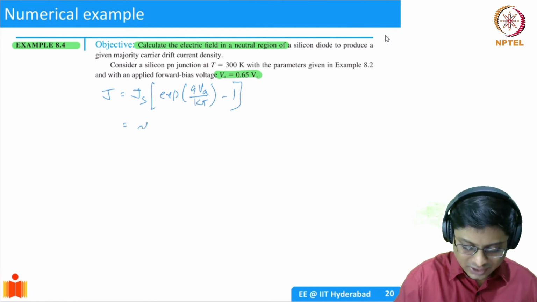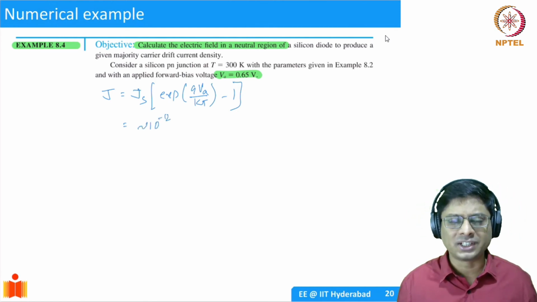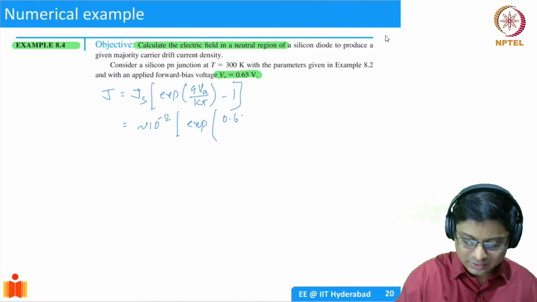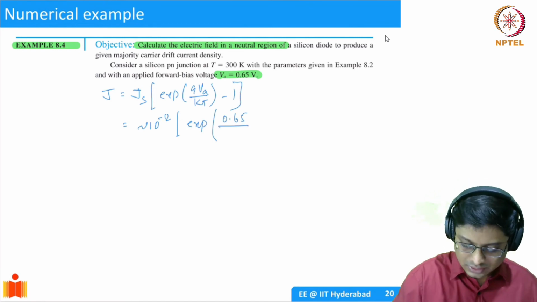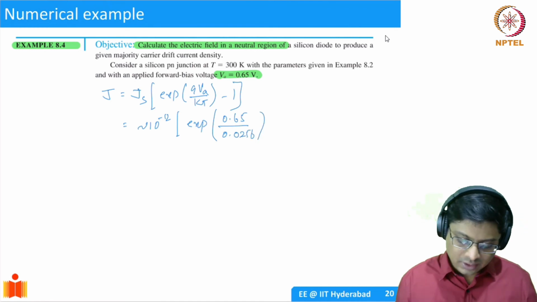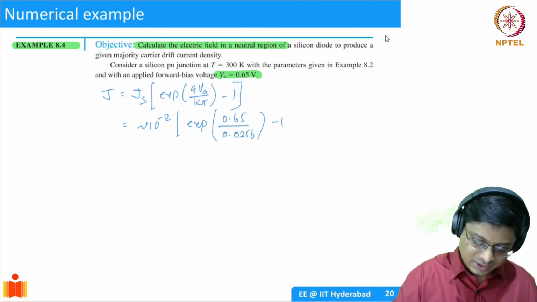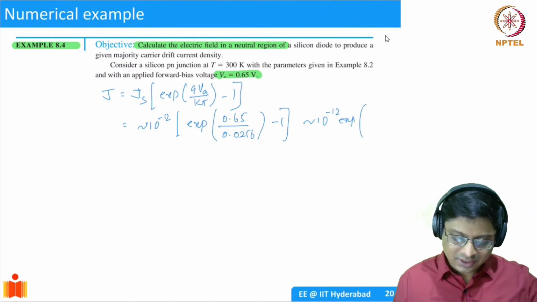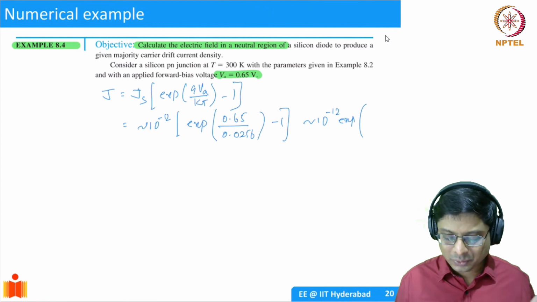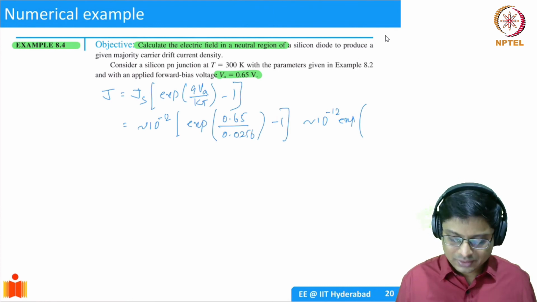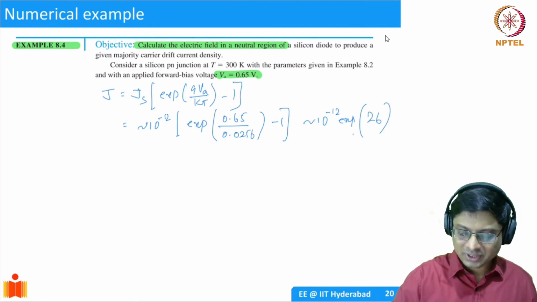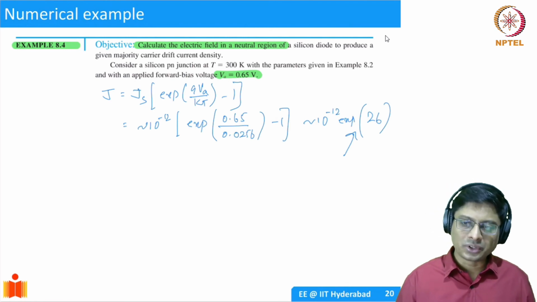So this is roughly, we said, 10 power minus 12 amps per centimeter square, into exponential QV applied, 0.65, divided by KT, at room temperature KT is 0.0256. So 0.65 divided by 0.0256 is going to be about 25, and you're going to have some large number coming out here, which is going to compensate.